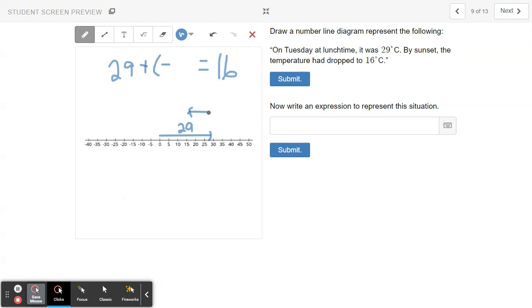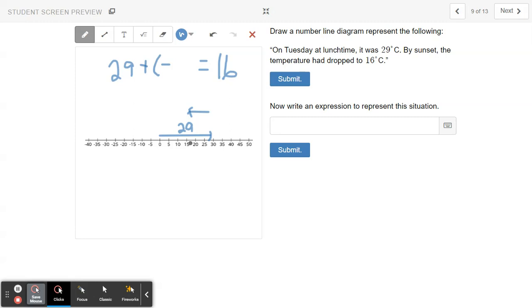So let's see. If this was 30, I'd have to go back to get to 16. That would be 5, 10, and then another 4, right? Do you see what I did there? If we start at 30 to get to 16, it would be 5, 10, and then 11, 12, 13, 14.